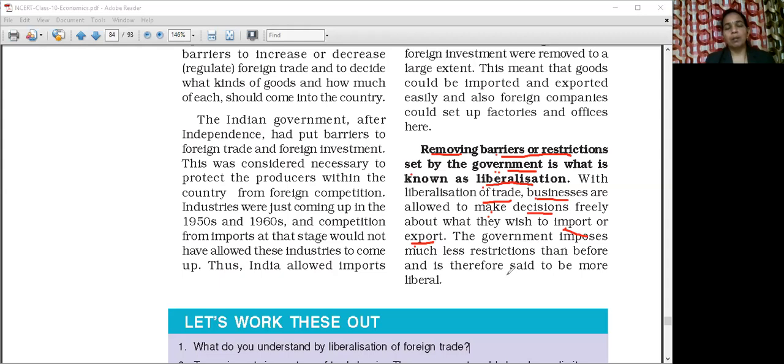That is why the government is called liberal toward businesses and trade by foreign companies. In this way, we have studied in this point how liberalization gave strength to globalization.